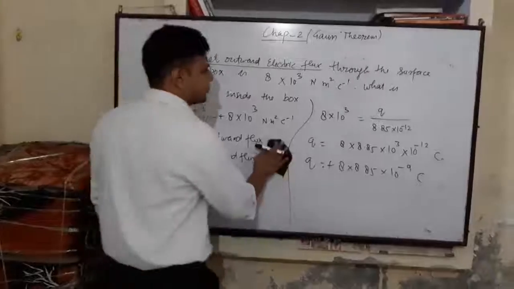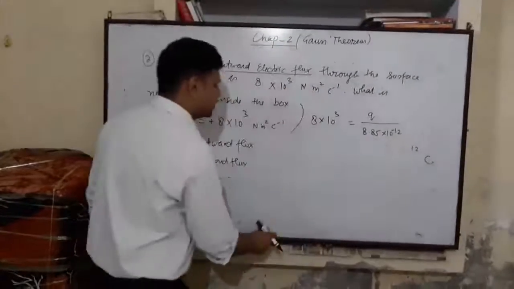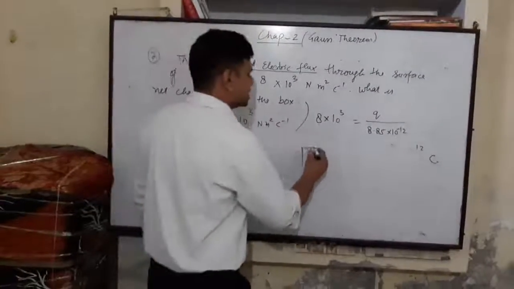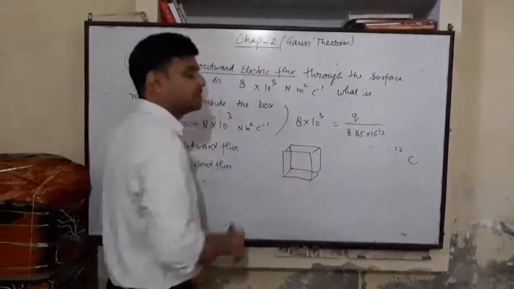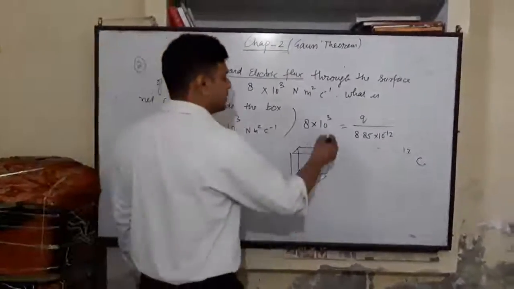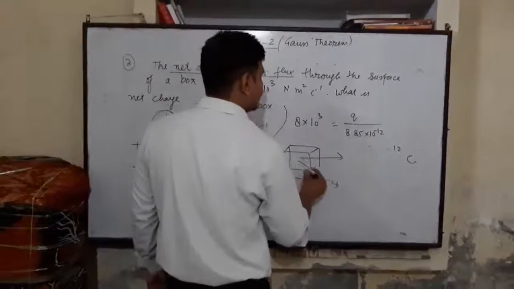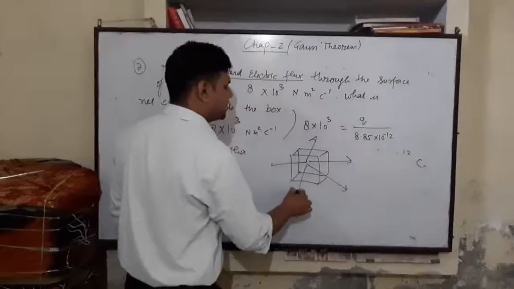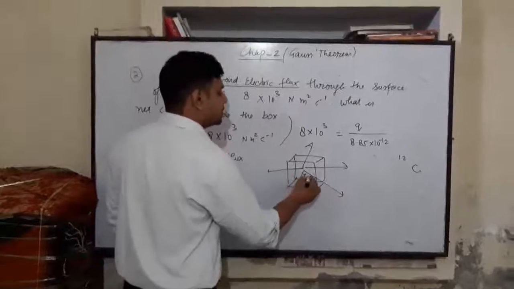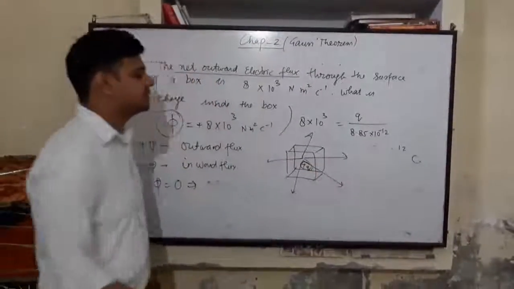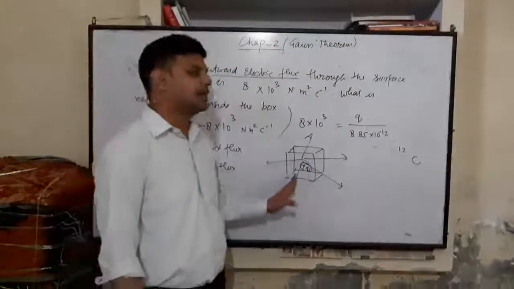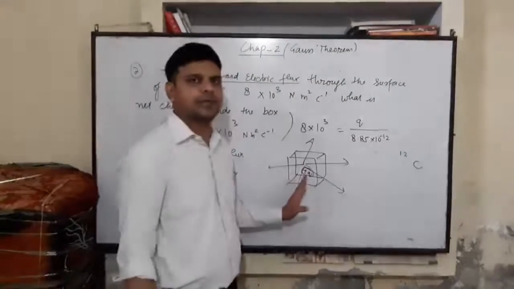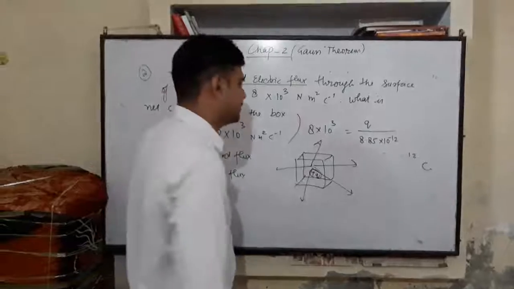Suppose this is a closed surface, a cube, and flux is going outward; it means a positive charge is present inside this cube, as the electric field lines due to a positive charge go outward.